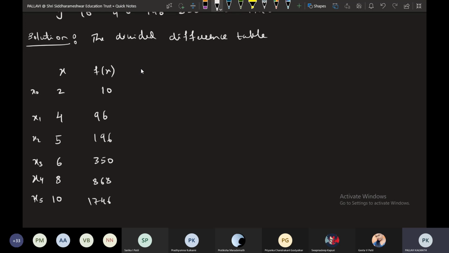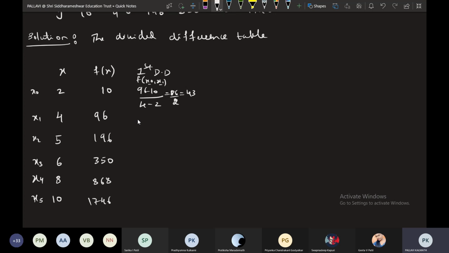So first divided difference. It will be 96 minus 10 divided by x1 minus x0, which is 4 minus 2. So 86 divided by 2, which equals 43.